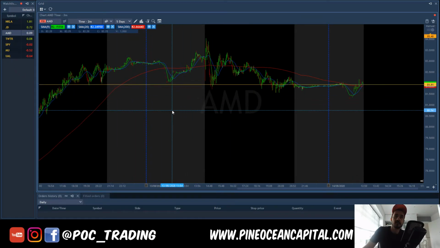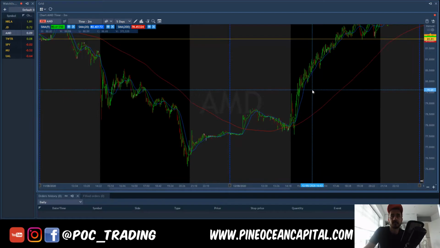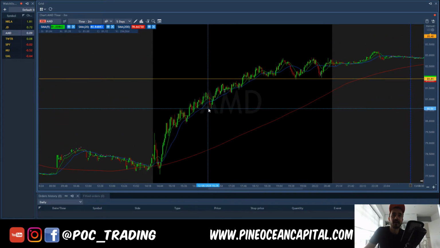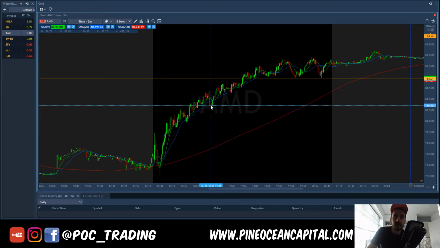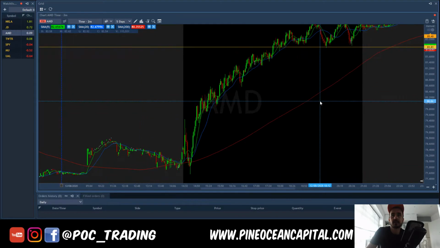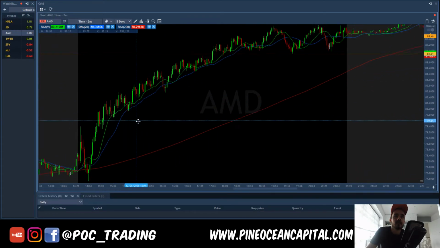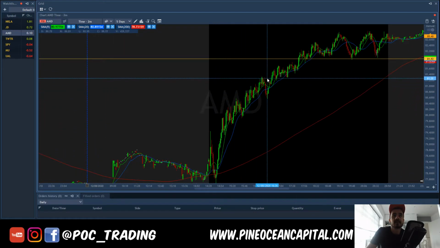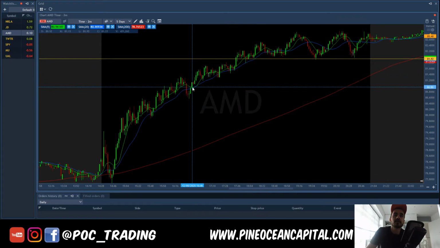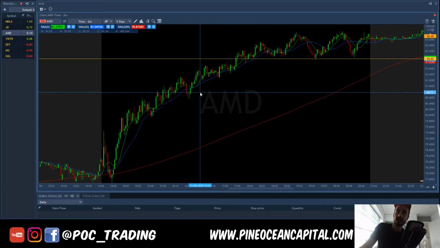If you're in an uptrend, you can just use the 9, the 20 to get better entries on pullbacks. You don't want to be shorting into these areas. You don't want to be shorting a solid uptrend like this, because whenever price comes up, it's most likely going to find support.